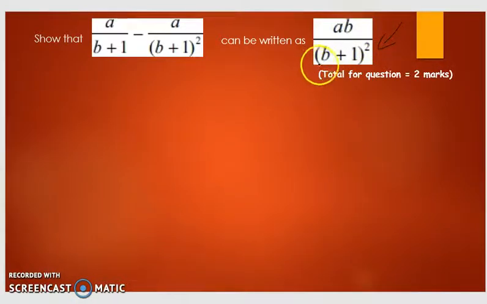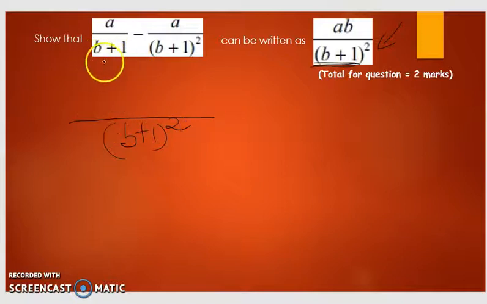And so we're going to use the denominator of that final product as a clue as to where to start. So we know our final product will have a denominator of b plus 1 squared, so we're going to borrow that. Now, we ask ourselves, how many times will b plus 1 go into b plus 1 squared? And it's going to be b plus 1.